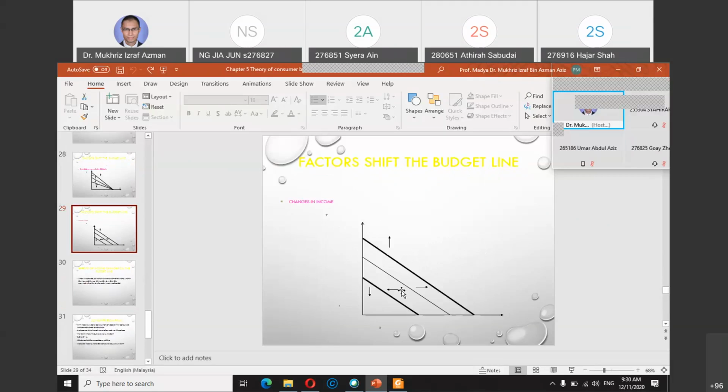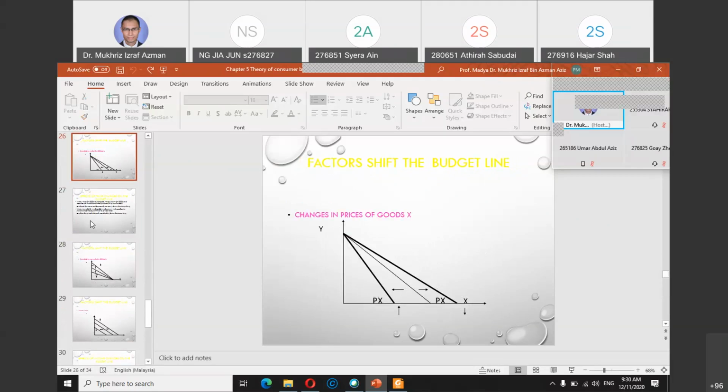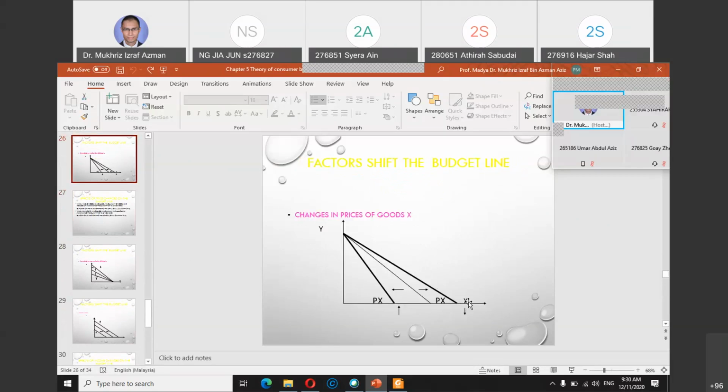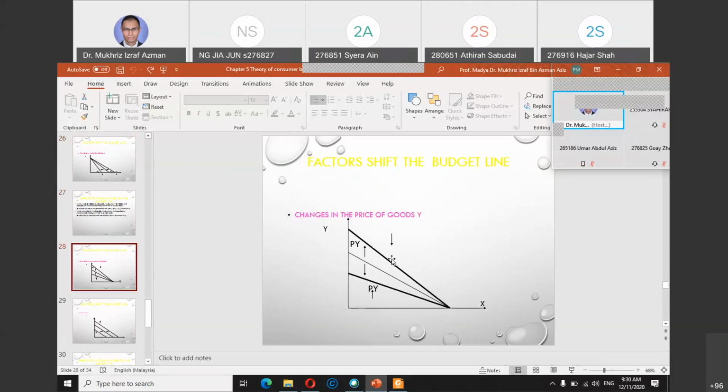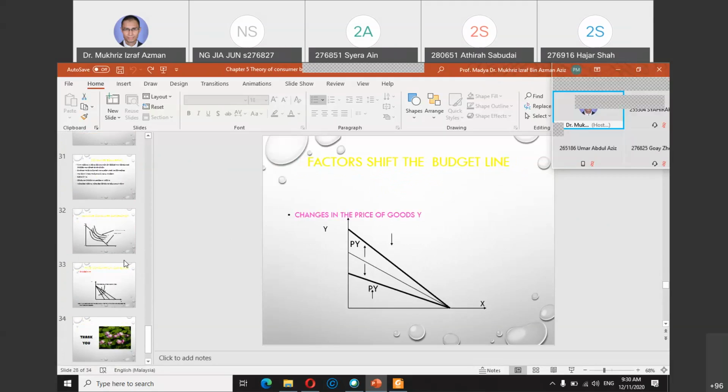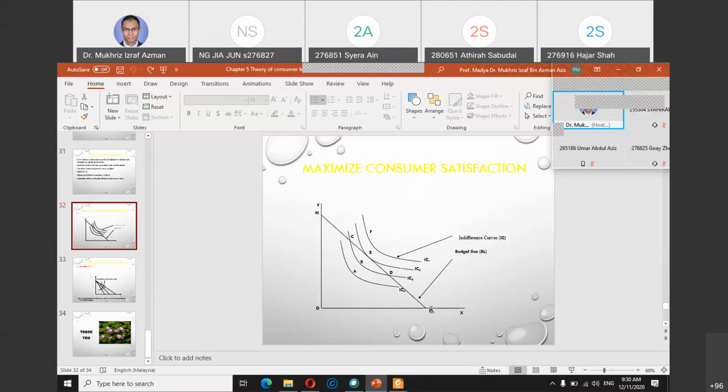Your budget line can shift upward to the right or to the left, or your budget line can shift only on the X axis or shift on the Y axis, depending on what changes. But when you draw your budget line, one line here, only one line, we assume that the income remains constant and the PX and PY also remain constant.